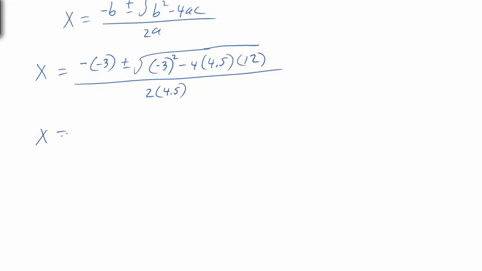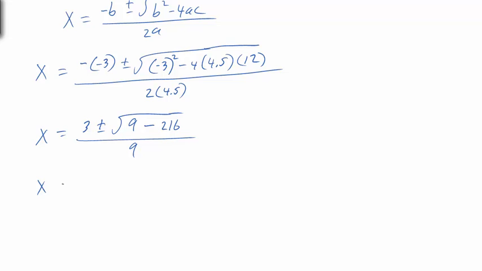So if we go to simplify, -3 makes it a +3, plus or minus the square root of -3 squared, which becomes +9, minus 4 times 4.5 times 12, which is equal to 216, and 2 times 4.5 on the bottom becomes 9.